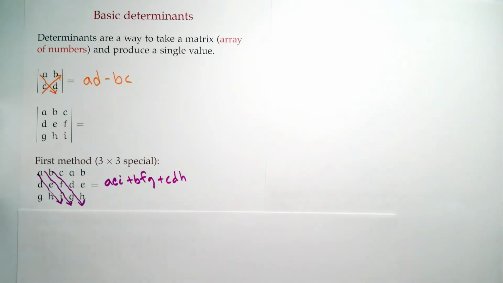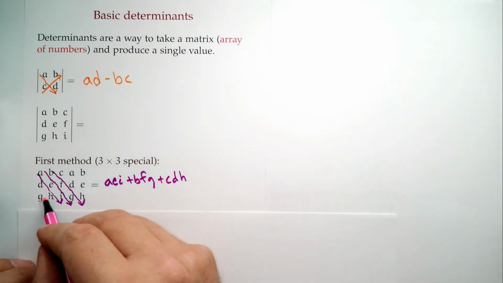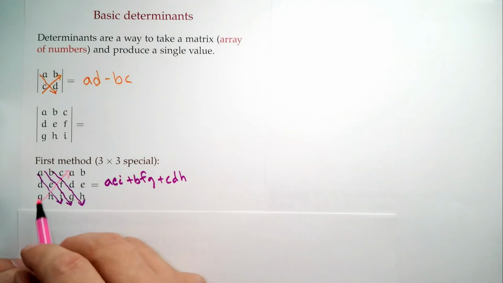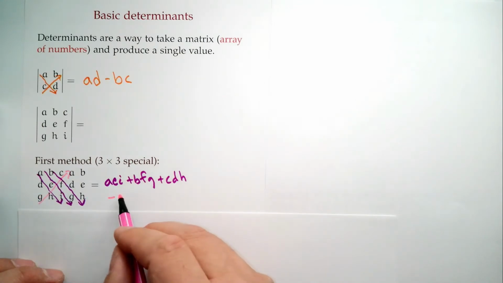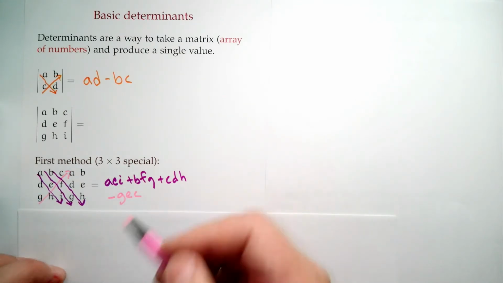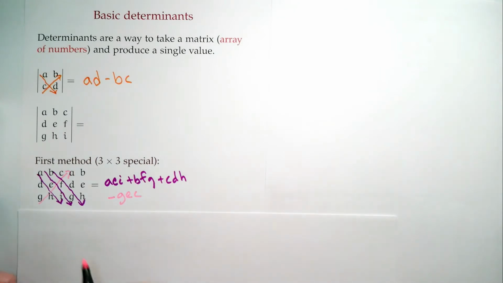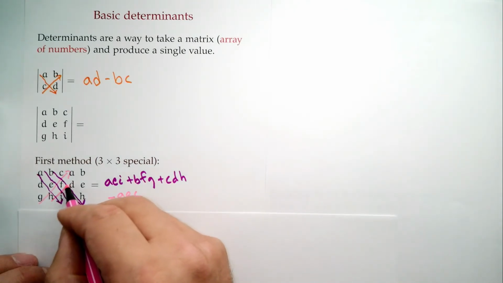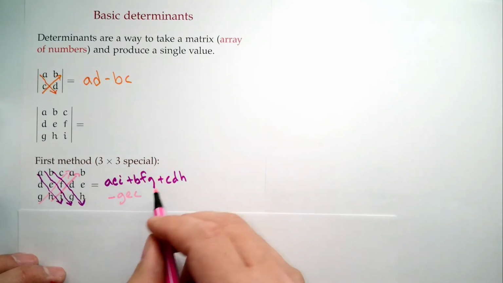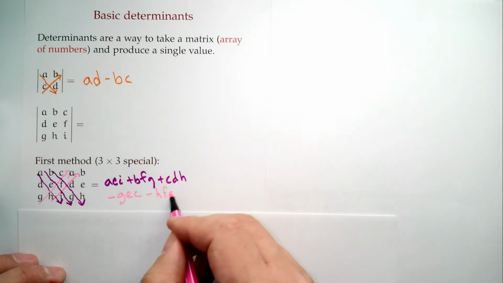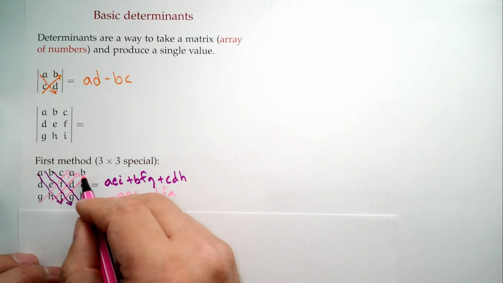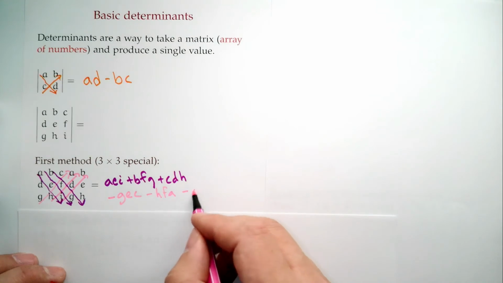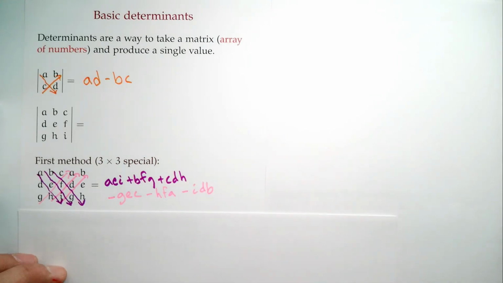Now switch directions and also switch signs. Going up, G, E, C, subtract G, E, C. Is that? Yeah, that's kind of readable. Going up, H, F, A, so subtract H, F, A. And finally, going up, subtract I, D, and B.